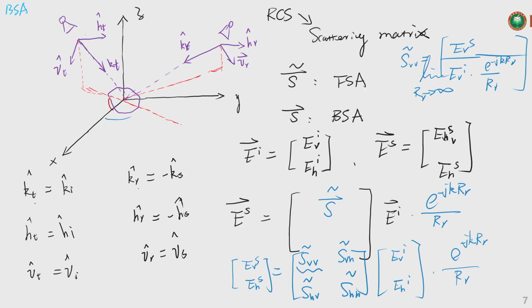So this is for the forward scattering, and for the backscattering, we set all these terms: the instantaneous becomes the transmitted term, right? Transmitted term, and the scattering term is the received term. Received term, same thing.